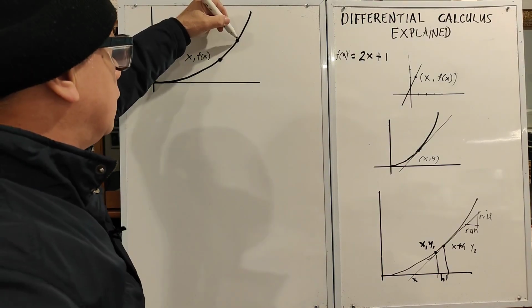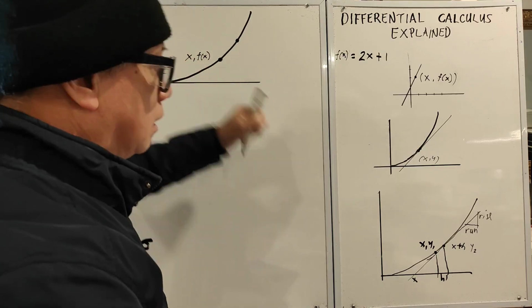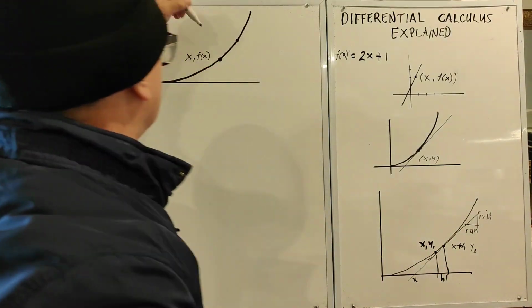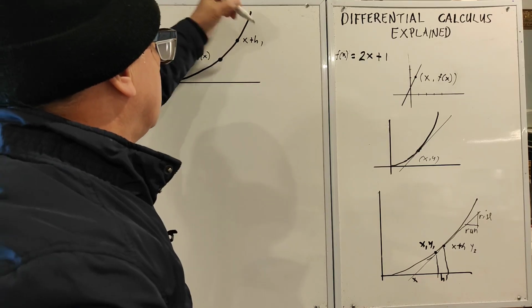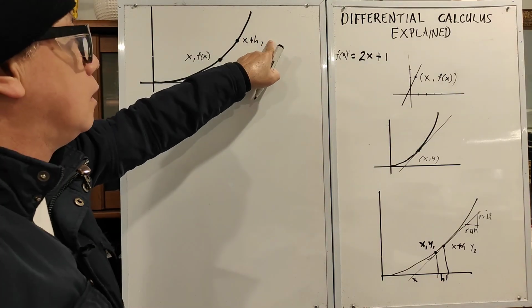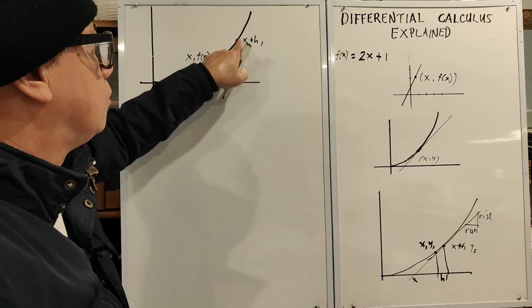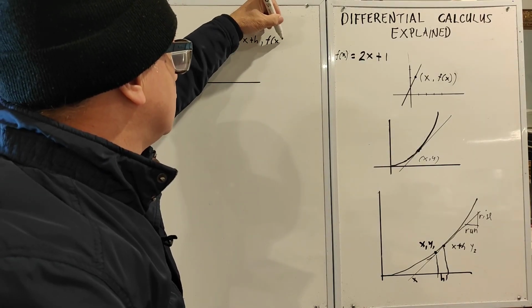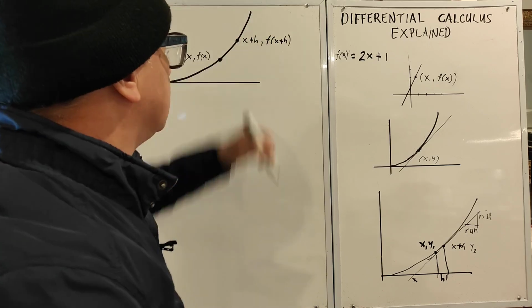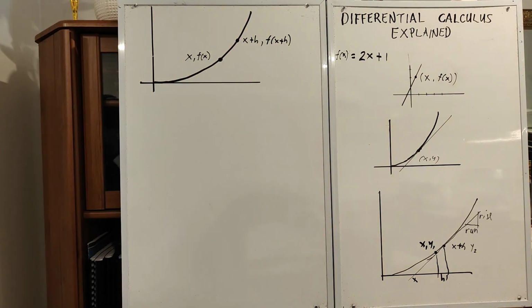Now this point is x plus h. Now the y is also a function of this, so it would be the function of x plus h.